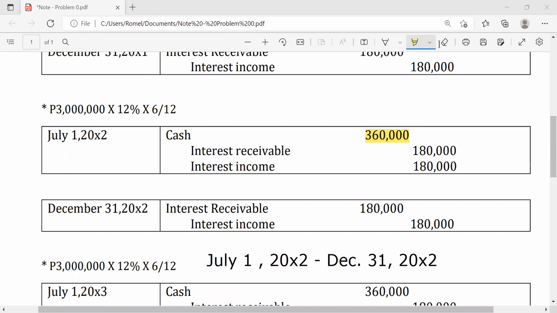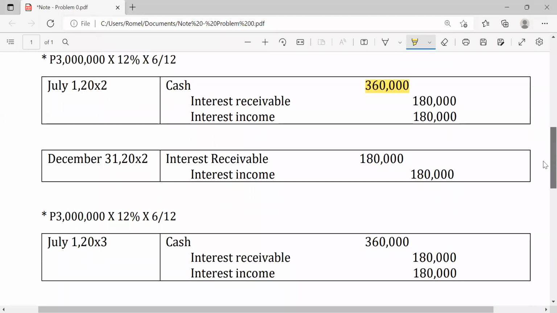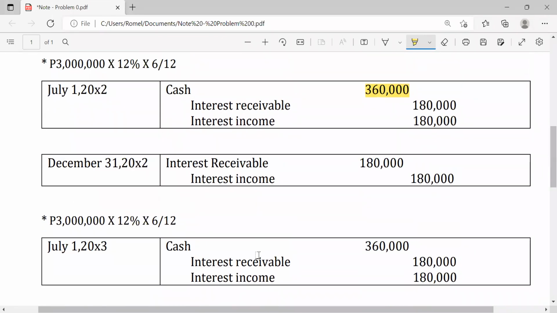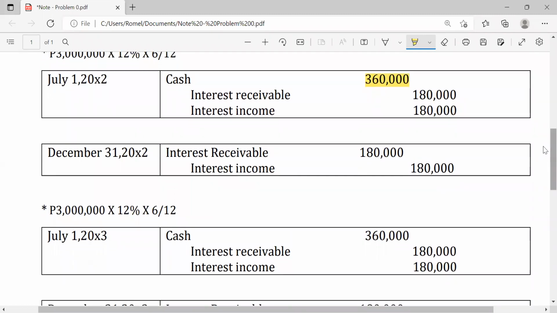And for July 1, 20x3, the same journal entry. Kasi natanggap natin ang second interest collection. So we were able to collect the second interest collection. Because of that, we will debit cash 360,000 pesos, credit interest receivable 180,000 pesos, and interest income 180,000 pesos.